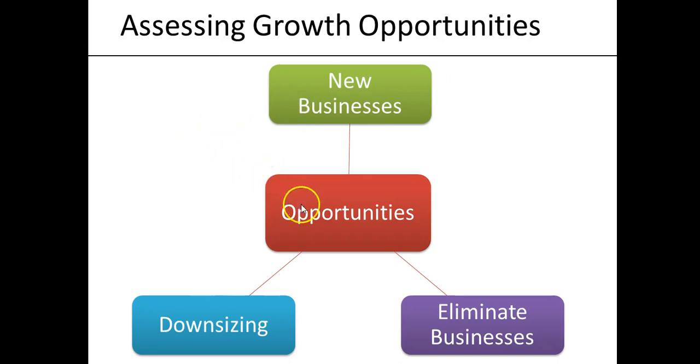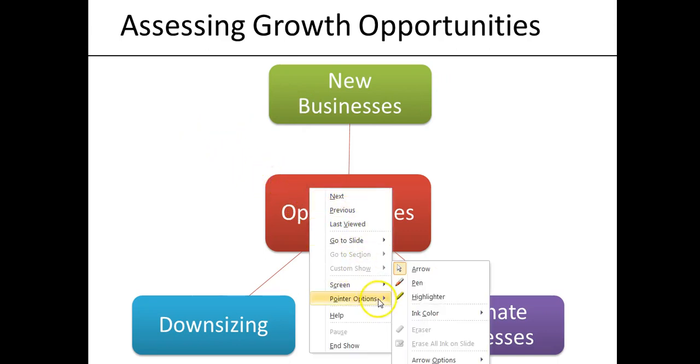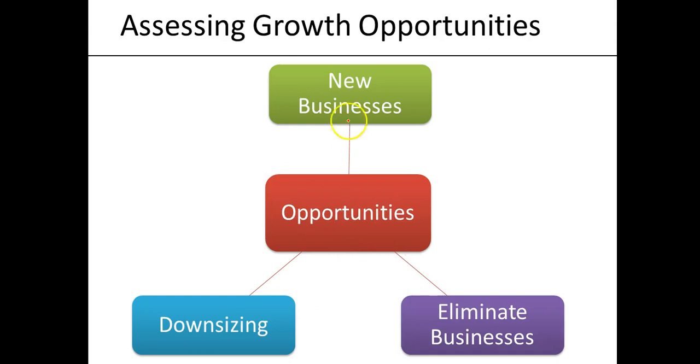When we assess the growth opportunities, we have three fundamental options. One is to grow with new businesses, or we can strategically maneuver our business by downsizing, or, as some people say, not downsizing but rightsizing.